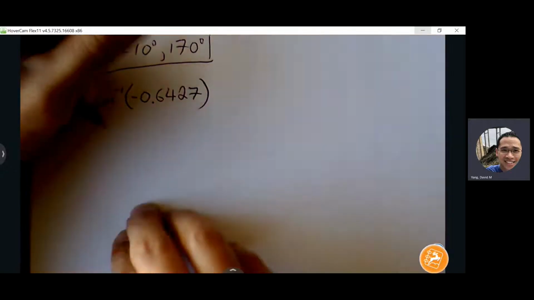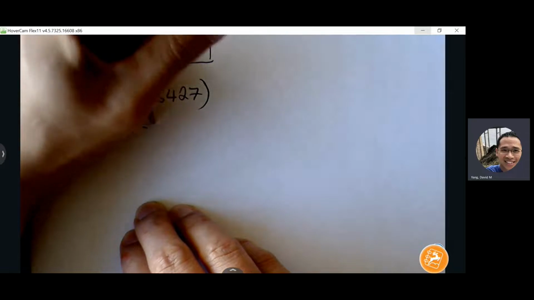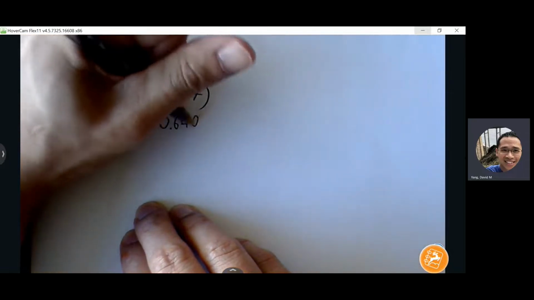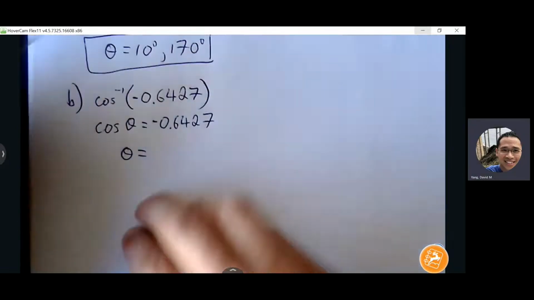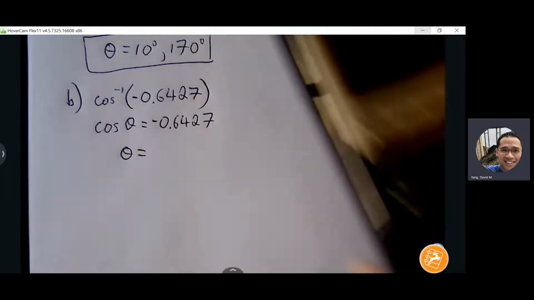Okay, so in other words, we're trying to find what theta value will allow cosine to be negative 0.6427. Well, we're going to make inverse cosine do the work here. Make the calculator do the work for us.